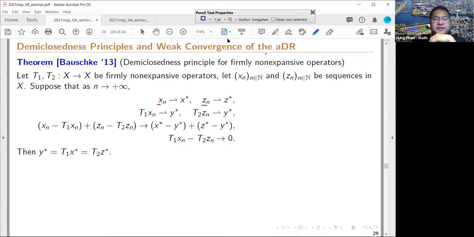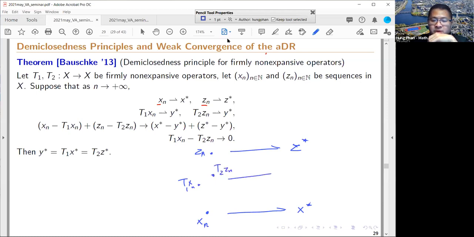This is how I look at this result. I'll start with a sequence XN that converges weakly to an X star, and I have another sequence ZN that converges weakly to Z star. The two images, T1 XN and T2 ZN, both converge weakly to a Y star. And their difference, the sum of the difference.